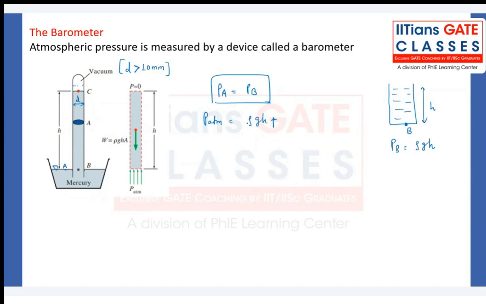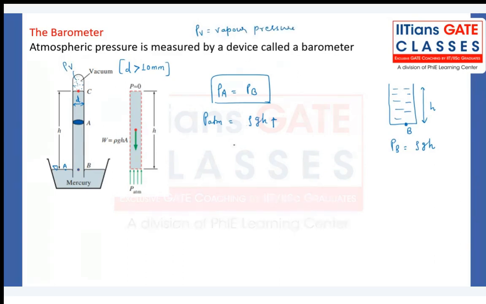But apart from rho g h, you have some other pressure also, right? Because here, my dear friend, in the barometer tube, there will be some vapor pressure also. Getting my point? The bubbles of the liquid, even though it is a very high vacuum, you will still have a small amount of bubbles. Then it will exert some vapor pressure. What is that? P V, vapor pressure.